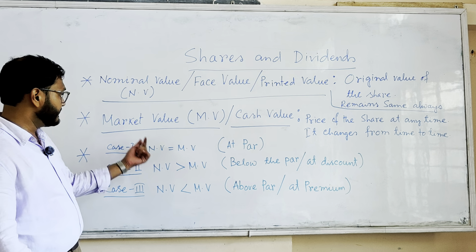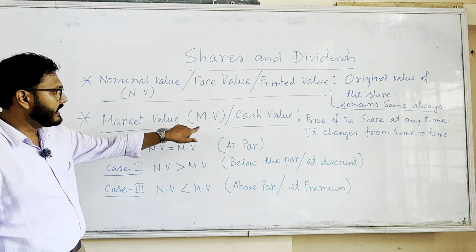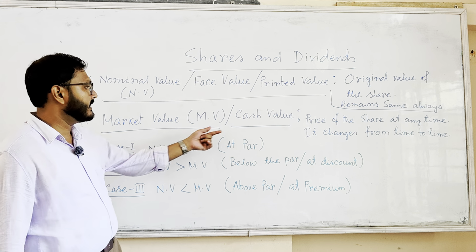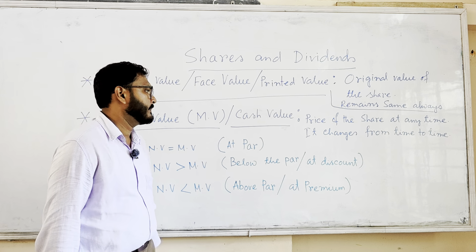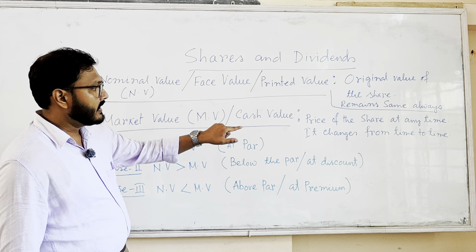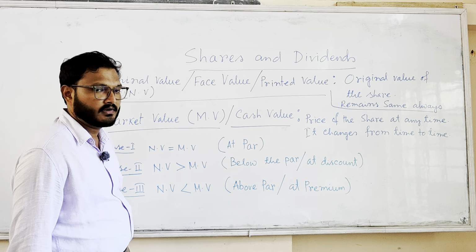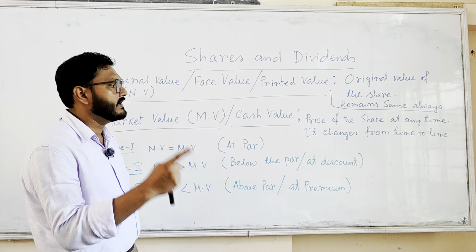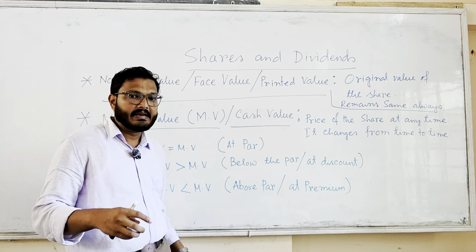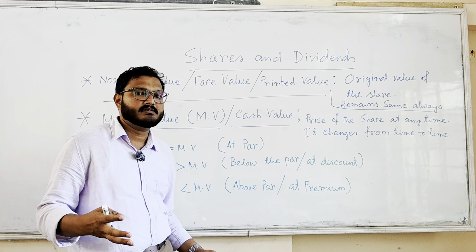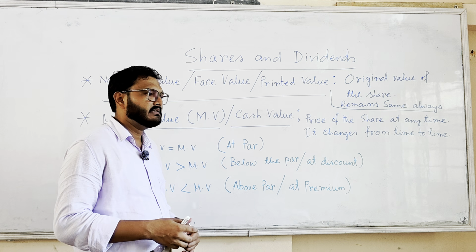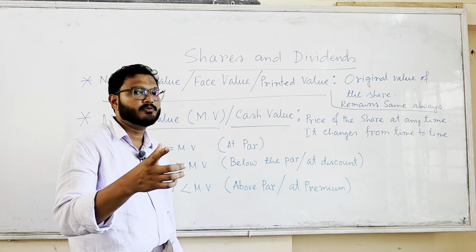Second is market value. The abbreviation is MV. We can call it cash value as well. It's the price of the share at any time. It changes from time to time. That means at any time, what is the price of the share? The nominal value is 100 rupees.